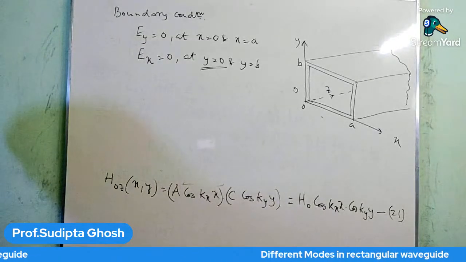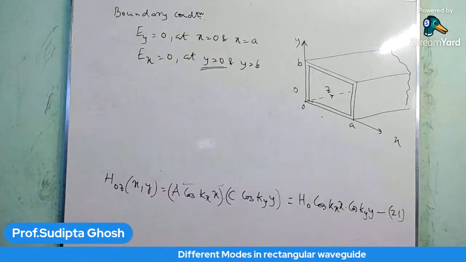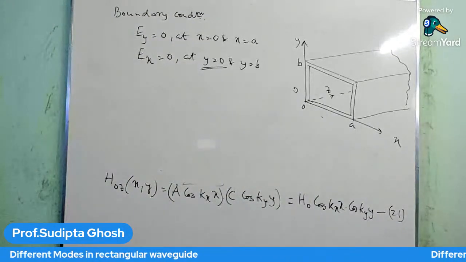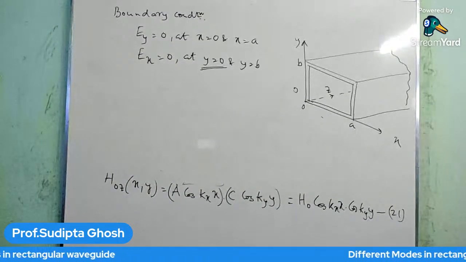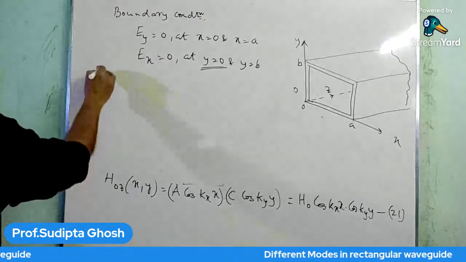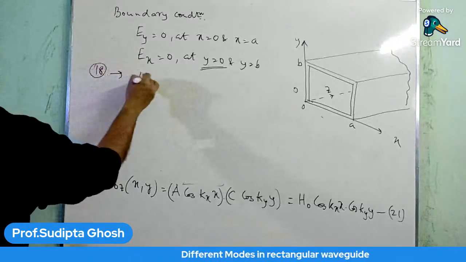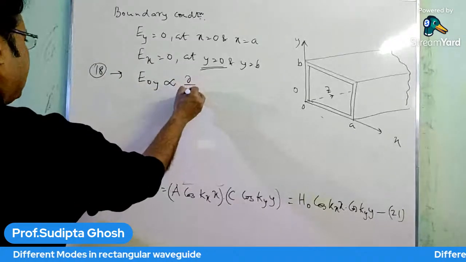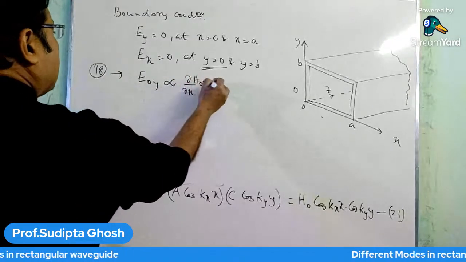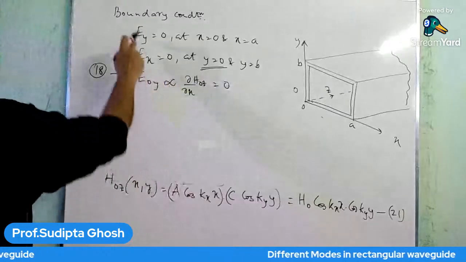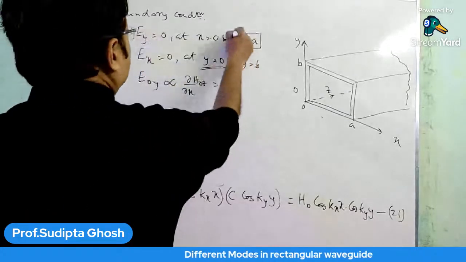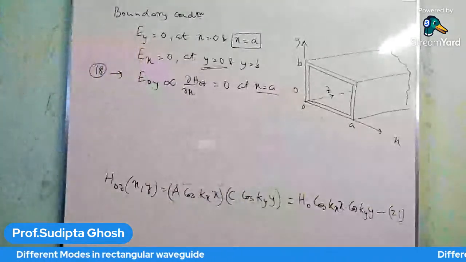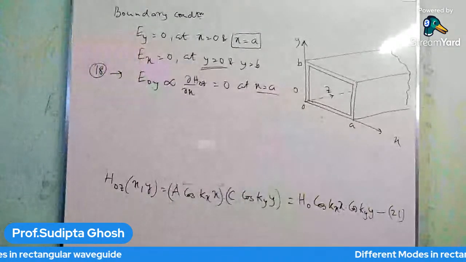Equation number 18 tells us that EOY is proportional to del x of HOZ, and it is also 0 at x equals a. So we have the boundary condition left with us at x equals a.